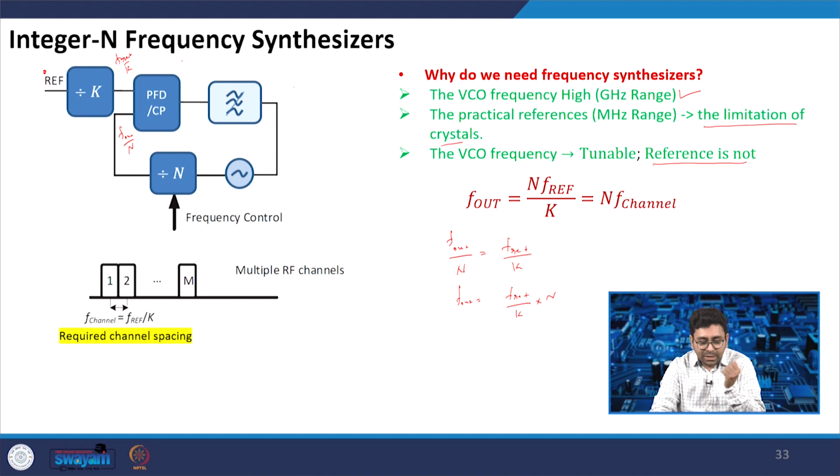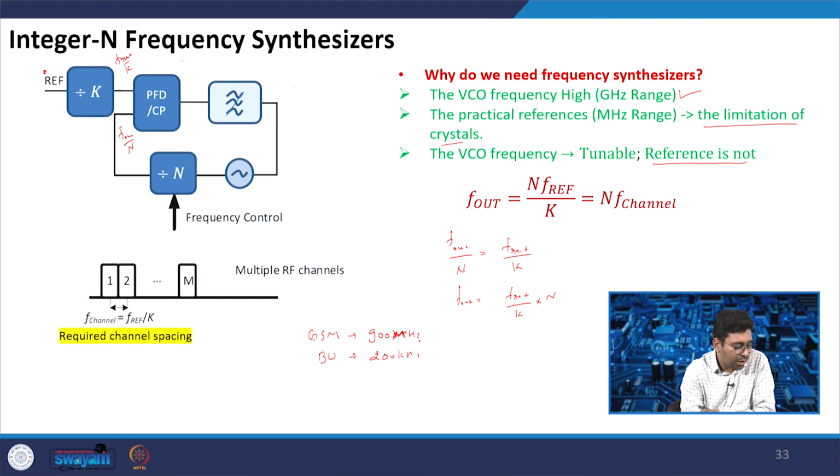For example, the GSM band has 900 megahertz as the center frequency, and its channel bandwidth is around 200 kilohertz.